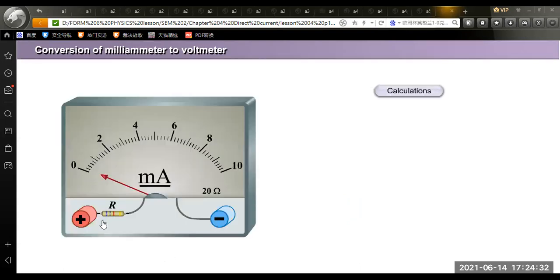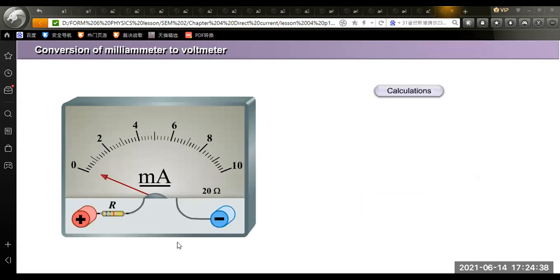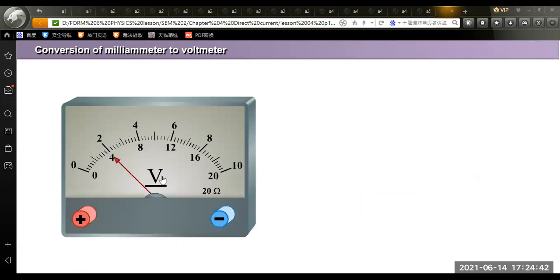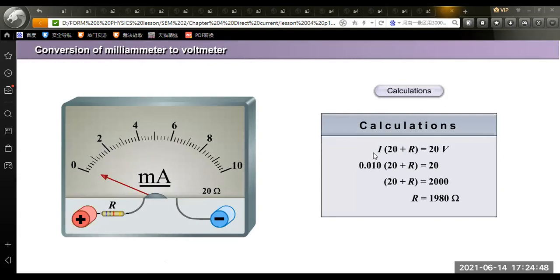Okay, this is the structure. Inside, there will be a resistor. So for the calculation, this means that we add a resistor inside.